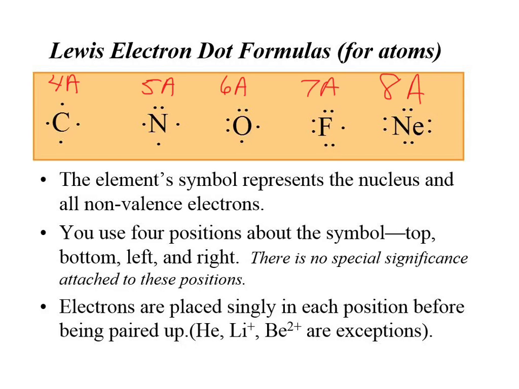So all these little things are doing is basically giving you the symbol of the element, and scattered around that symbol are valence electrons. That is totally it. So what this slide says is you can think of the symbol as representing the nucleus and those non-valence electrons.